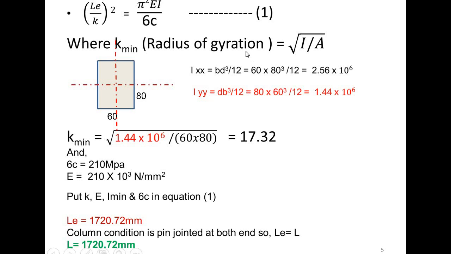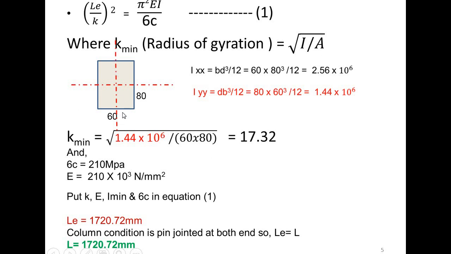Where K means radius of gyration, and we know the formula for radius of gyration, K equal to under root I by A. I means moment of inertia, this is the least moment of inertia, divided by cross sectional area.